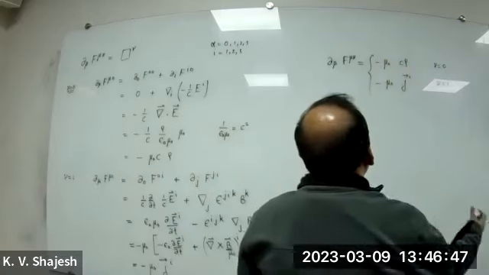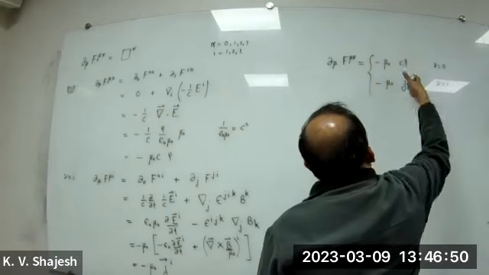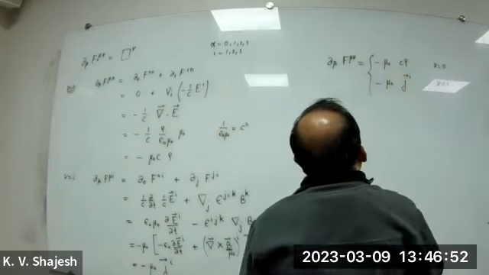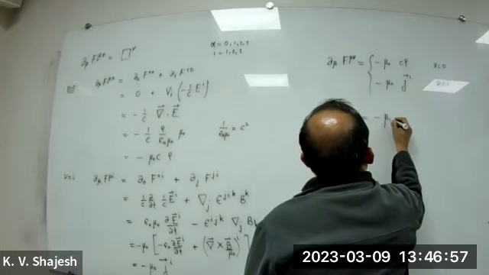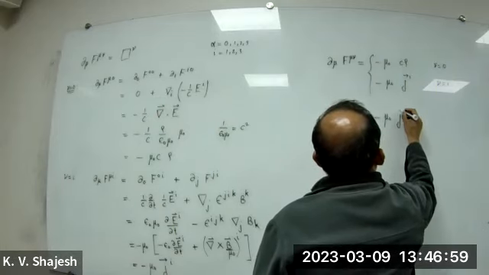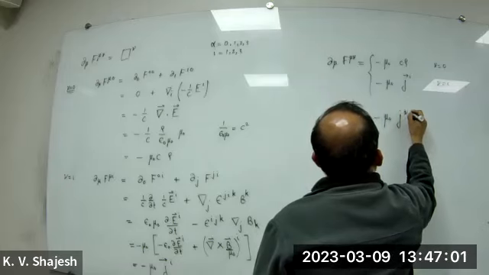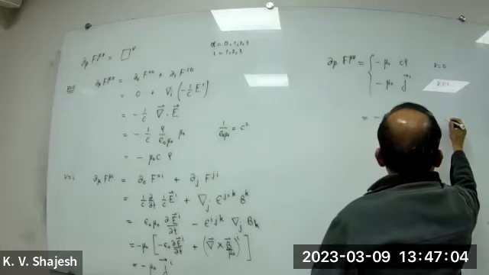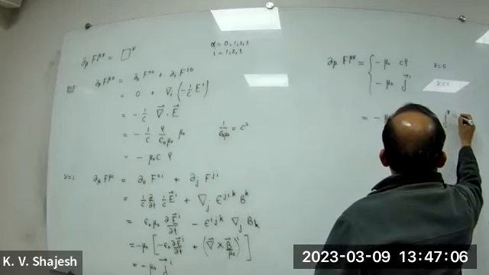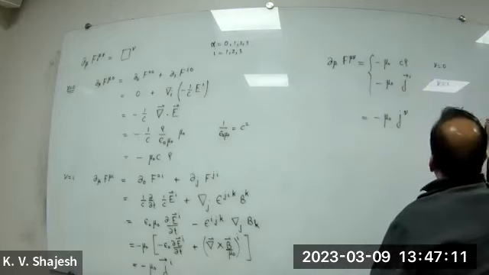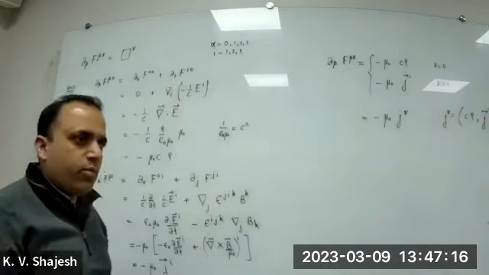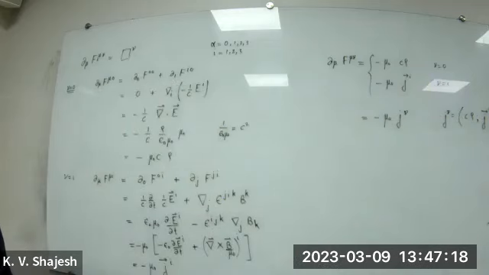That tells us that this should be a 4-component, a 4-vector. So write it as minus mu naught j^nu, where j^nu is equal to c times rho. That's a time component. And the current density is the space components of that.